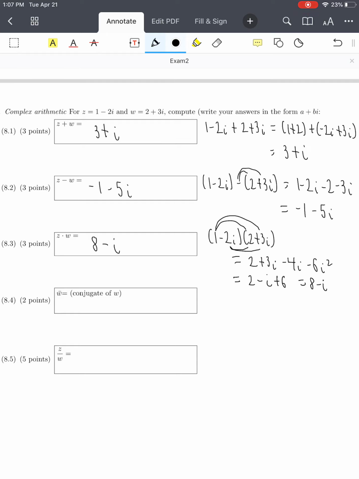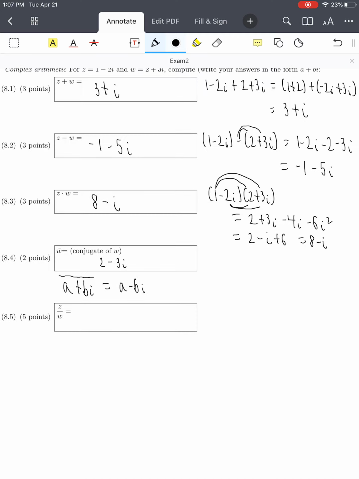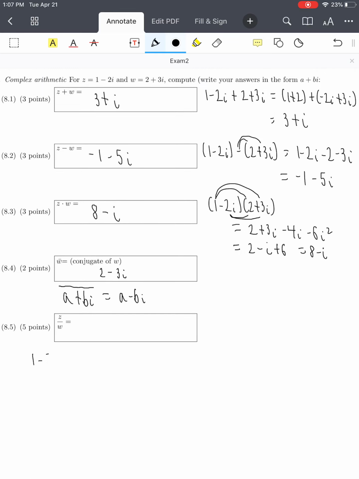Okay, and then the conjugate. Remember, a conjugate is just taking the opposite sign of the imaginary part. So if w is 2 plus 3i, w conjugate is 2 minus 3i. Okay, then for z divided by w, I'll write down first 1 minus 2i divided by 2 plus 3i.